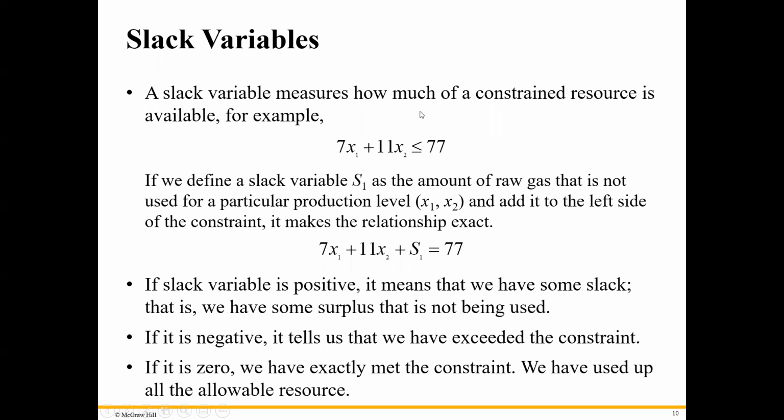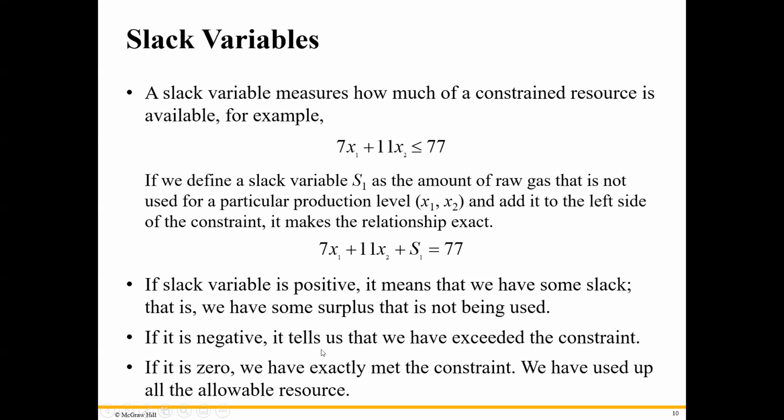So a slack variable measures how much of a constraint resource is available. For example, if we define a slack variable S1 as the amount of raw gas that is not used for a particular production level X1, X2, and add it to the left side of the constraint, it makes the relationship exact. Okay. So if the slack variable is positive, it means that we have some surplus that is not being used.